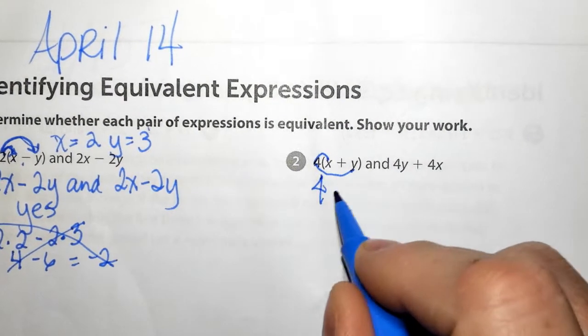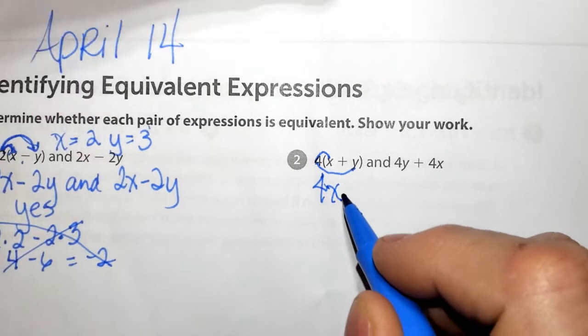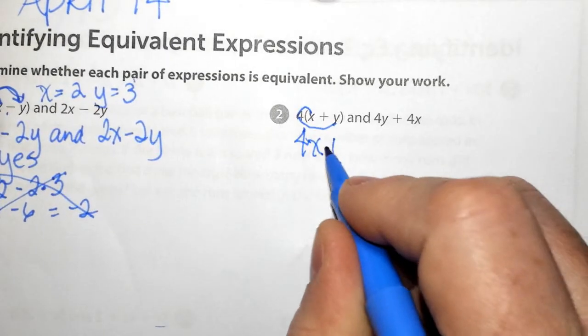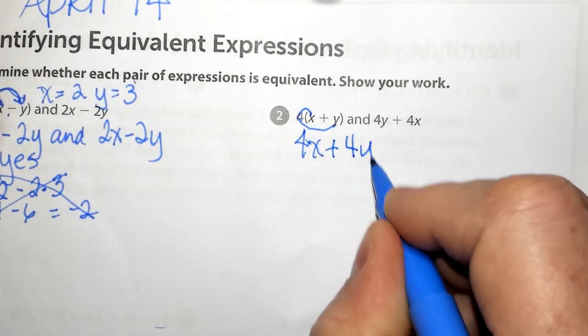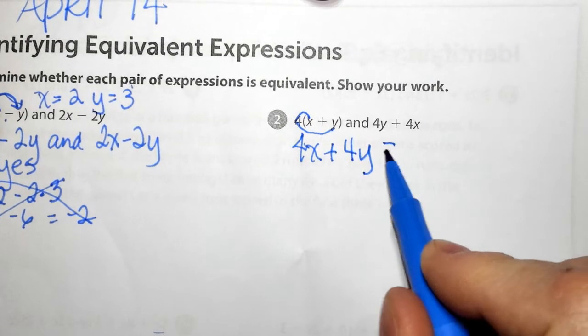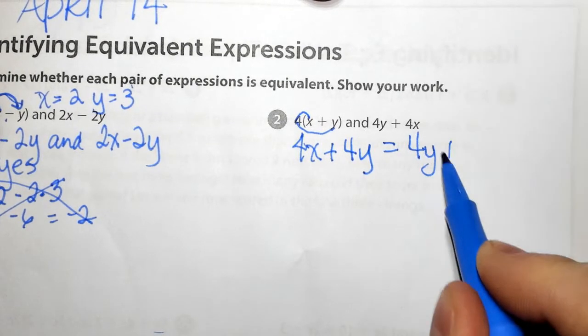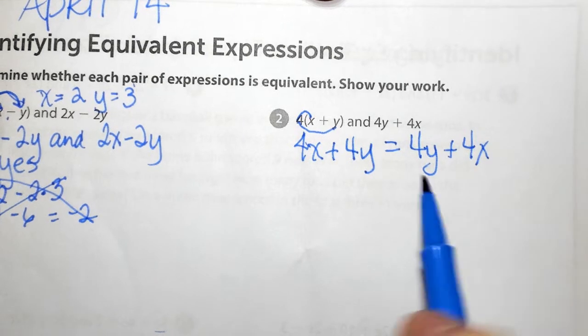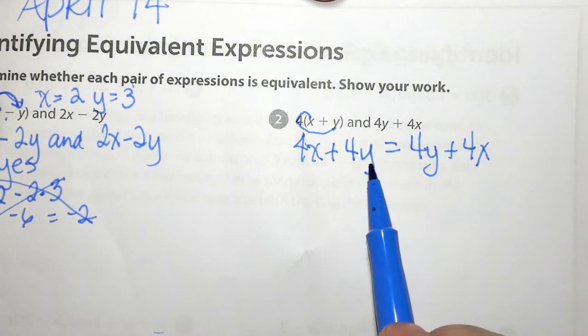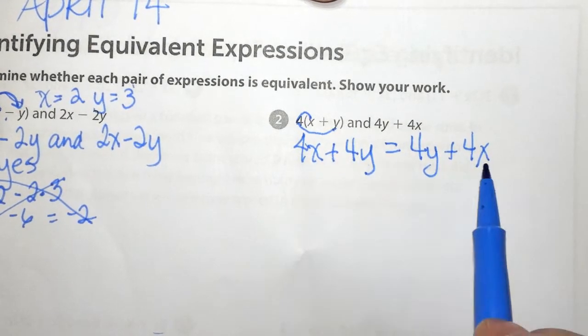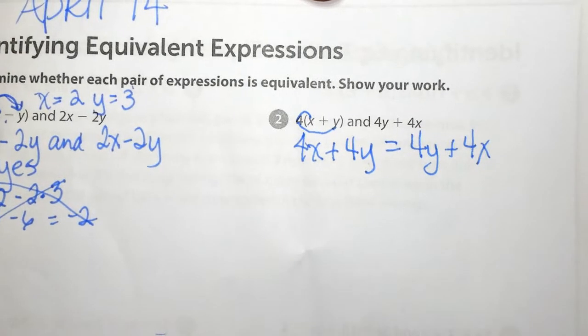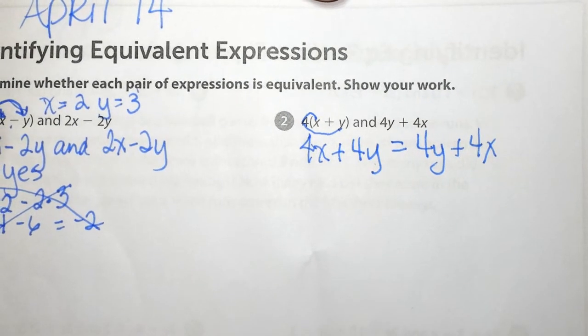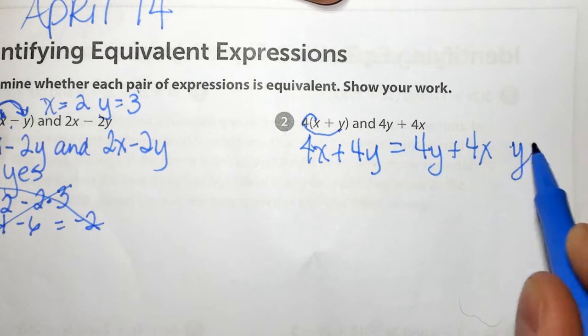So 4 times x is 4x plus 4 times y is 4y. And we want to see if that's equal to 4y plus 4x. And it is, even though things are flipped. We have a 4y and we have a 4x, and we're adding both of them. So they are equal. Okay, so they are equivalent, so you would just say yes.